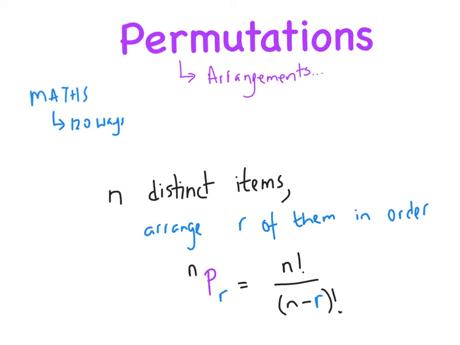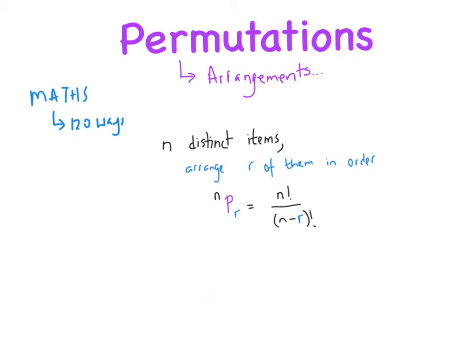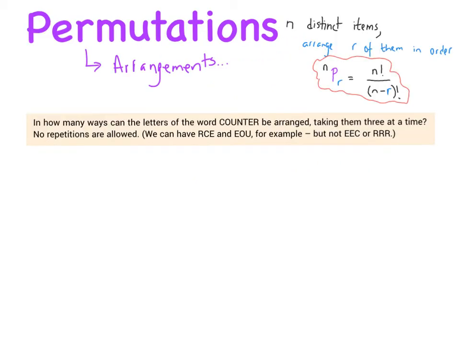Okay, so let's look at an example. Here we're asked, in how many ways can the letters of the word counter be arranged, taking them 3 at a time, and no repetitions are allowed? So that means I have 3 spots, and what do I have? I have 7 letters available for the first one, so that's 7.